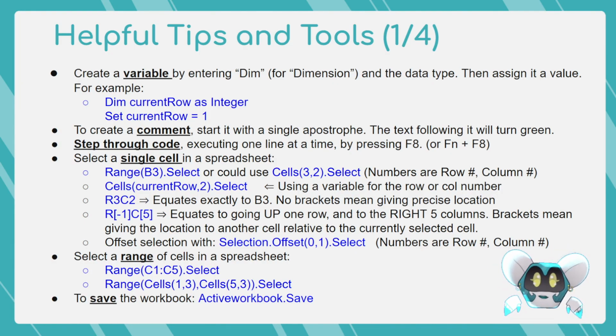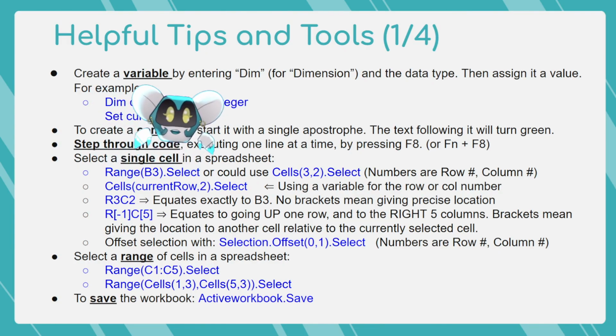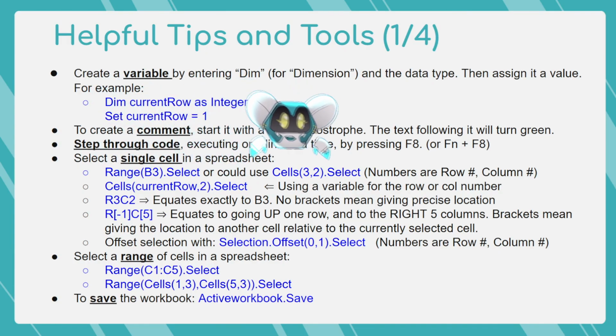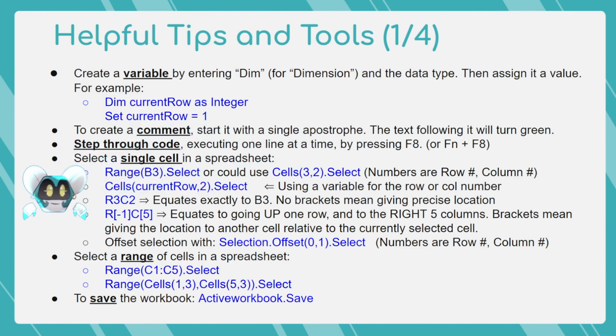There are multiple ways to select a cell or a range, including you can say Range B3 dot Select, or you can reference the specific row and column that it is for. So Cells 3 comma 2, that is row 3, column 2.